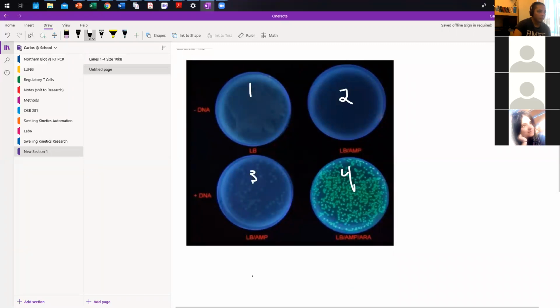So there's no plasmid, and the plasmid has the instructions to resist ampicillin. This one doesn't have the instructions to resist ampicillin, so the ampicillin is just going to kill all the E. coli bacteria. Here, it has the instructions because it has the plus sign. That means the plasmid is inside some of the cells. Oh, okay, that makes sense. So that's what the negative and plus are for these two.